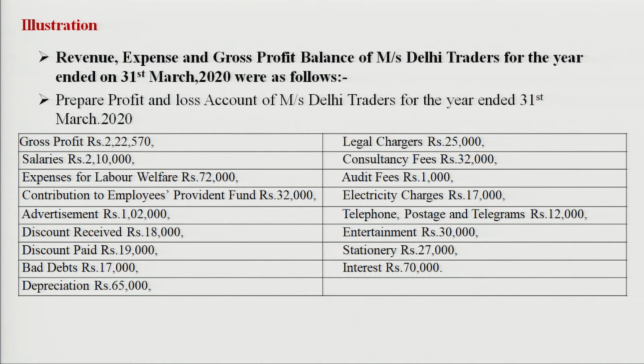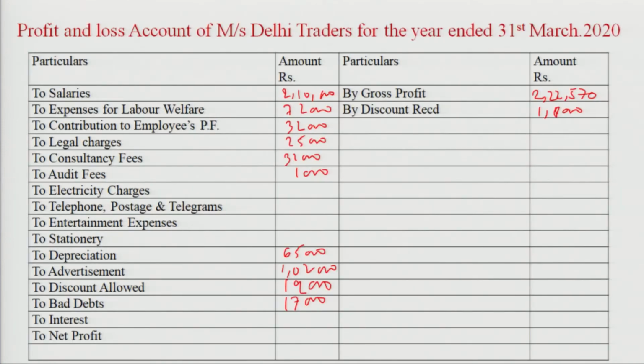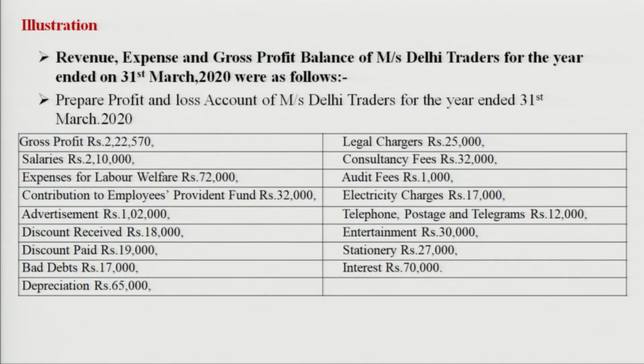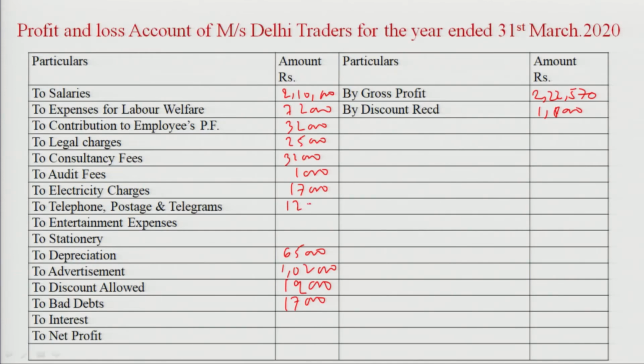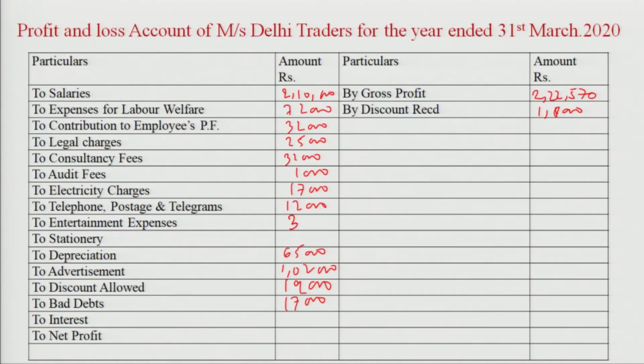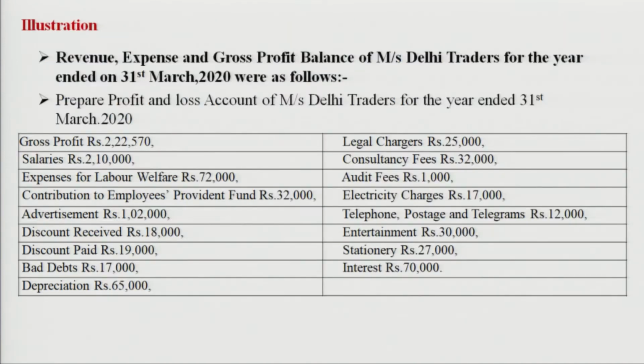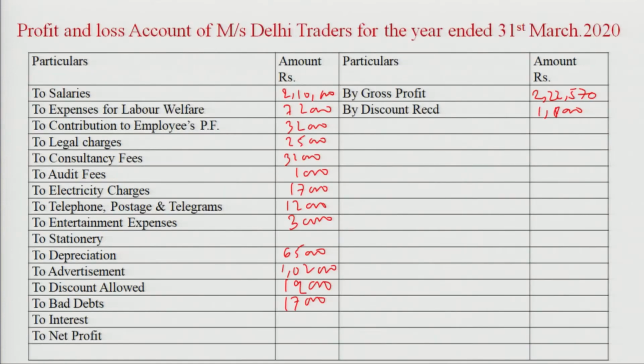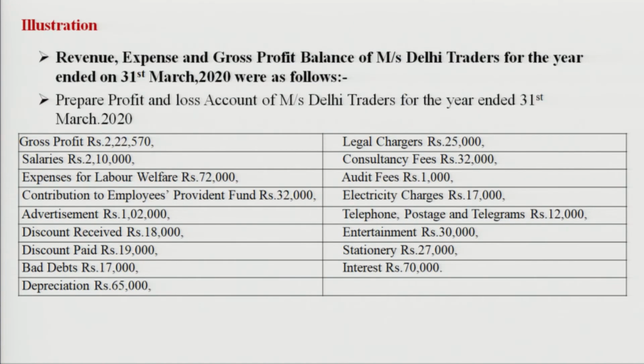Electricity charges 17,000. Postal and telegram 12,000. Entertainment 30,000. Stationery 27,000. And interest 70,000.